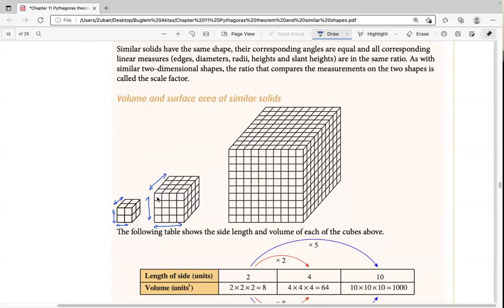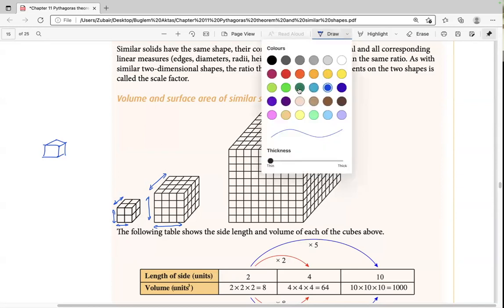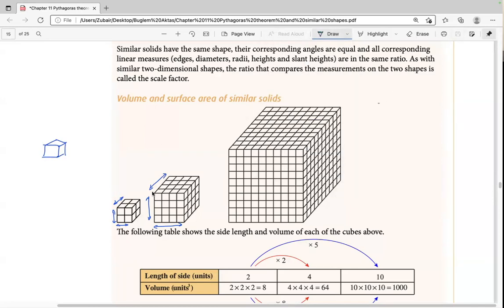See the diagram in front of you. Just imagine that we have this one cube. I'm changing the color. If I just double every length, that means the height would be doubled, the base would be doubled, and the depth would be doubled. So if I have to fit the original cubes in it, count them with me.